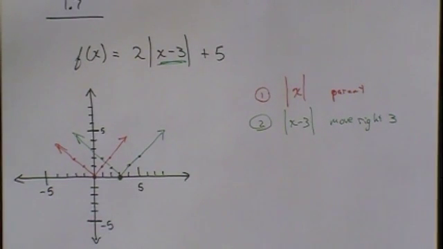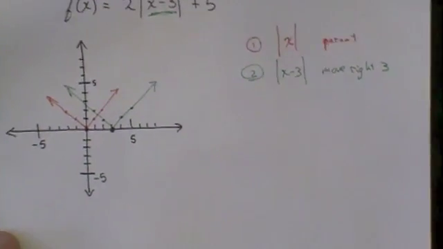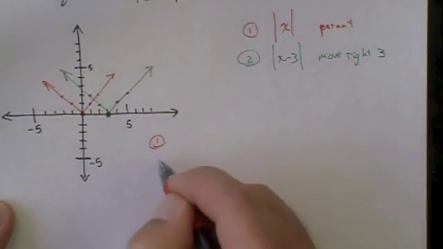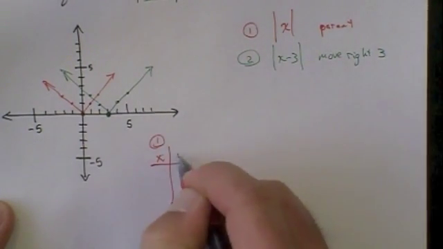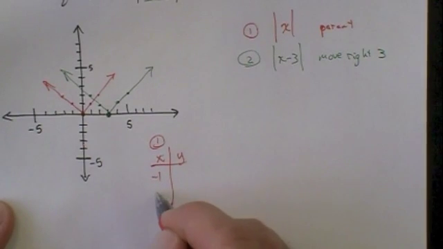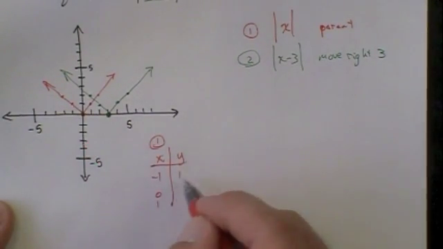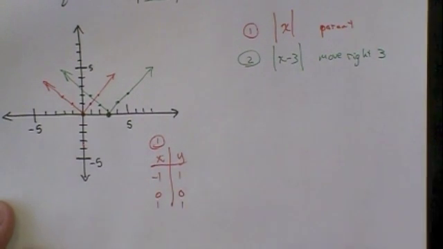Now if we want to keep track of some critical points as we're doing this, at step number 1 for our table with x and y, we have x values at negative 1, 0, and 1. Those are these points right here, and the y values are 1, 0, and 1.